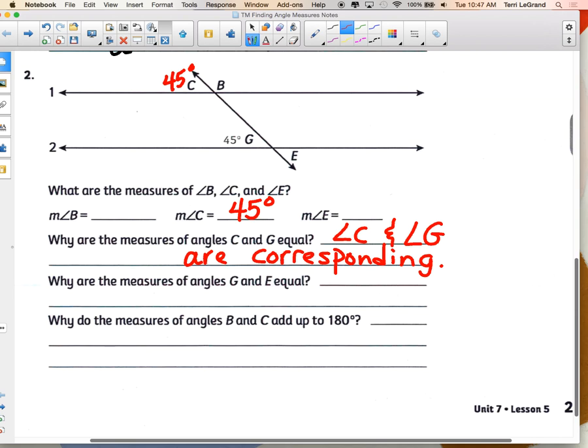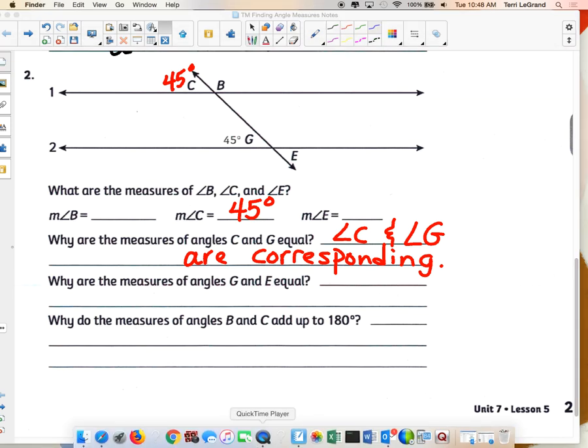Okay, well, we got B and E left now. Which one can we do next, B or E? It doesn't matter. Which one do you want to do, Sierra? You want to do E, okay, so then we're going to look at this one right here where it says, why are angles G and E equal? Oh, so they're saying E is equal to G. Why would that be, Sierra?